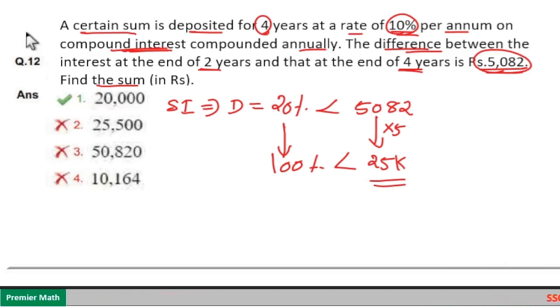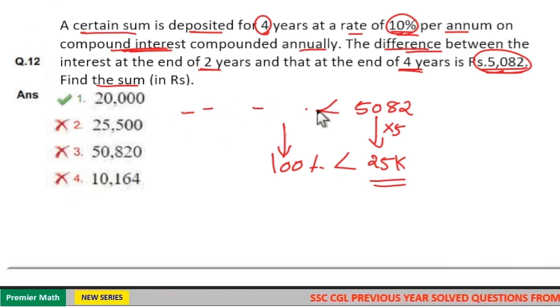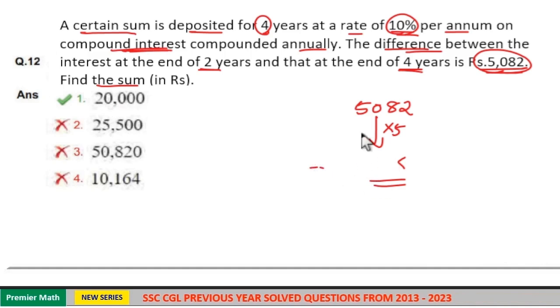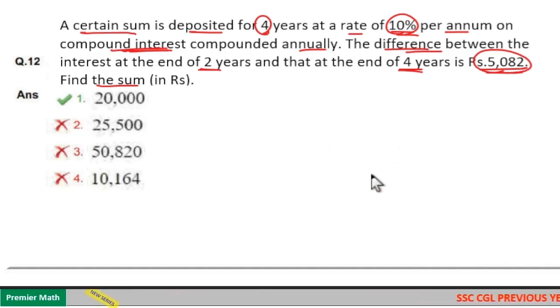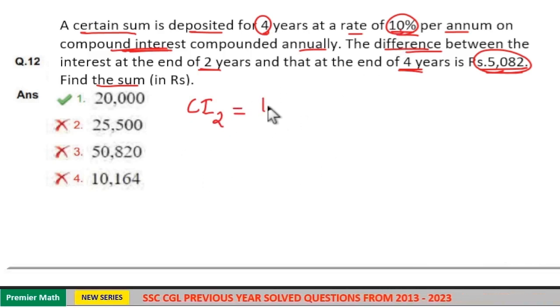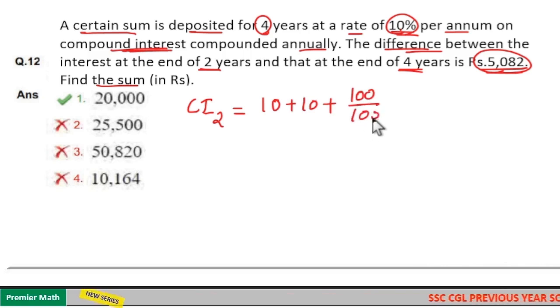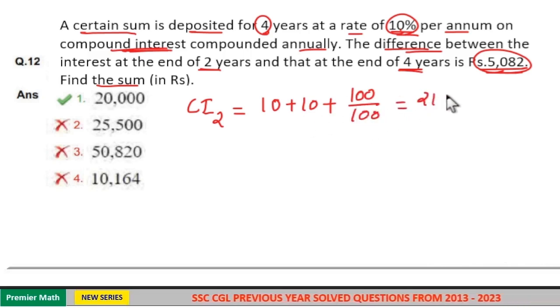Now if you want the real calculation, which will be equal to compound interest difference. That is, compound interest for 2 years is equal to, for 1 year it is 10. So for 2 years, go for the successive formula. That is 10 plus 10 plus 10 into 10, 100 by 100, which is equal to 21%.